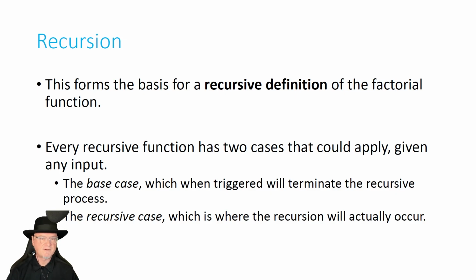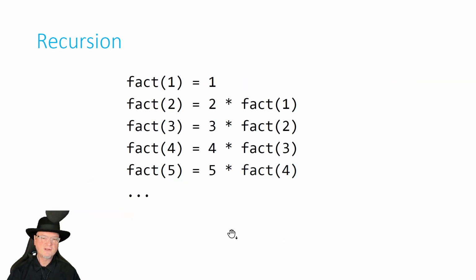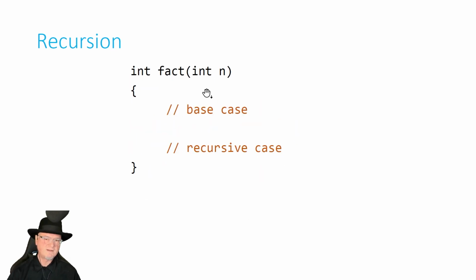Every recursive function has at least 2 cases that cover the basis for any input. The base case, which, when triggered, terminates the process of calling itself, and the recursive case, which is where the recursion actually occurs. So for factorial, we need to define the base case and the recursive case.